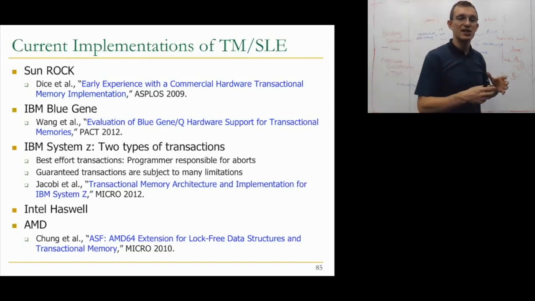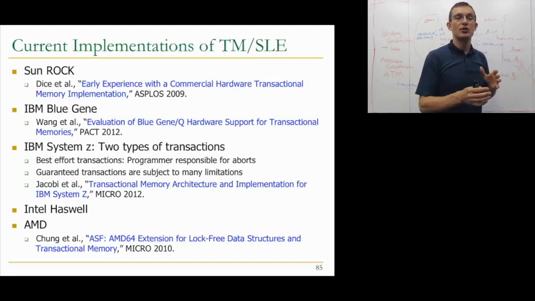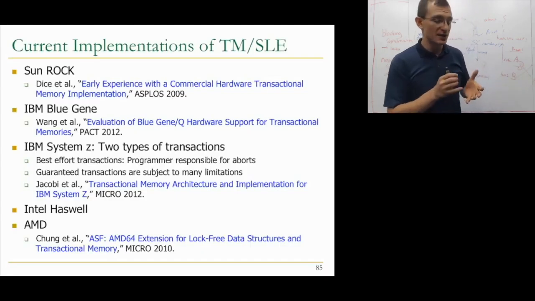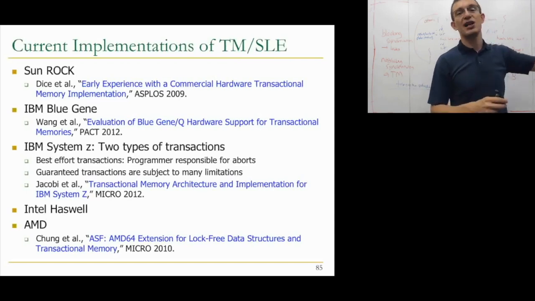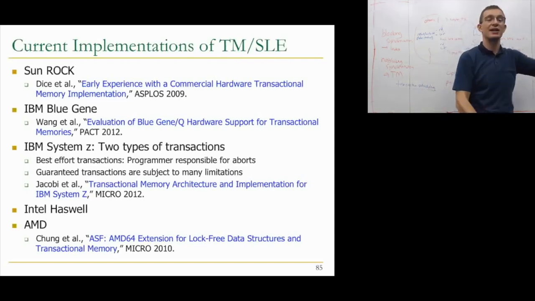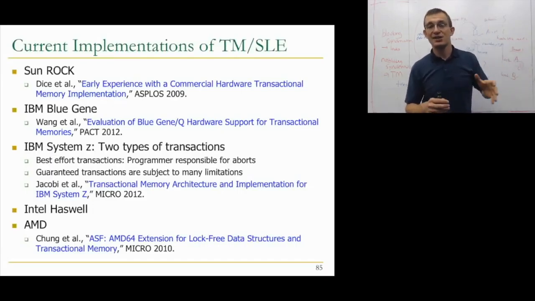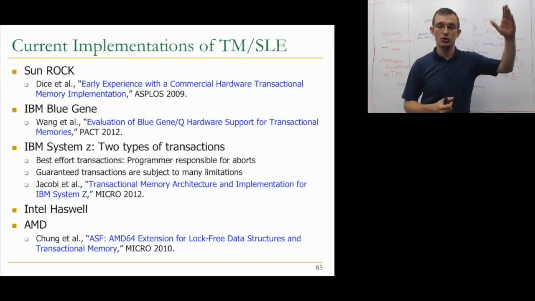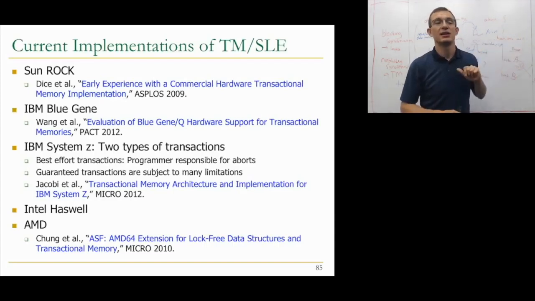That's one of the reasons why Sun Rock amortized the cost of either one of them by implementing them together. They implemented runahead execution and speculative lock elision, or transactional memory. Why? Because transactional memory checkpoints the architectural state and keeps running ahead speculatively as well, whereas runahead execution has a very similar approach. It basically checkpoints the architectural state and keeps running the program speculatively, right?